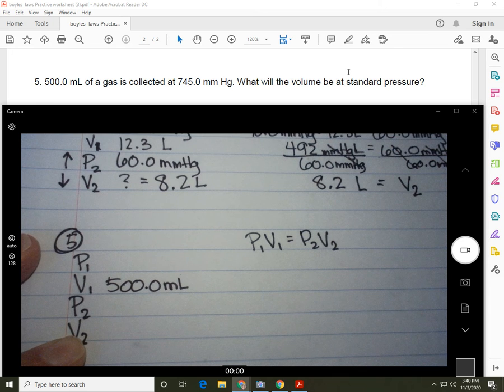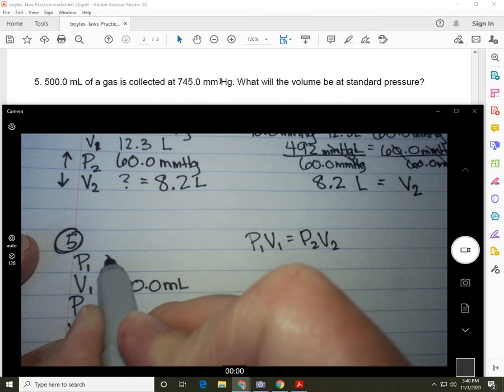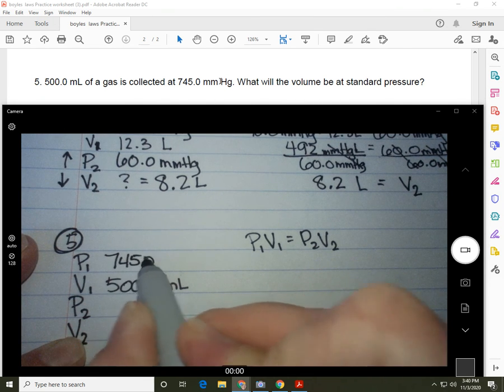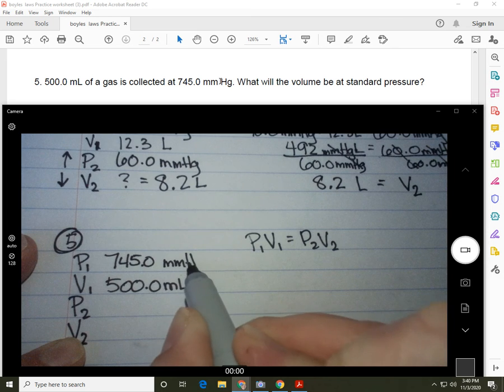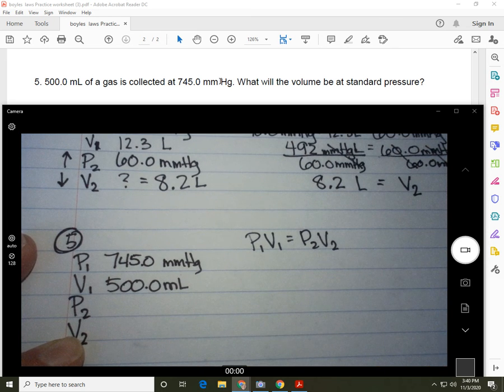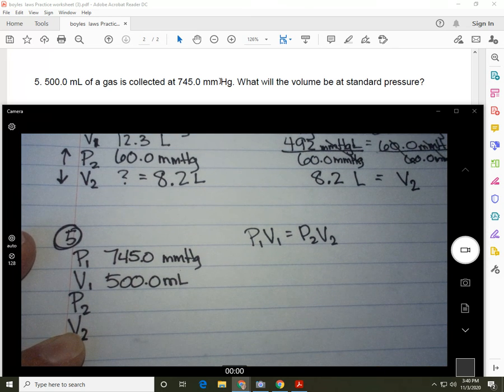The next part of that question says a gas is collected at 745.0 millimeters of mercury. Well, I know that unit is a pressure unit. So that's my first pressure.